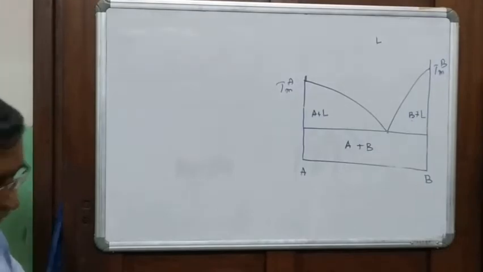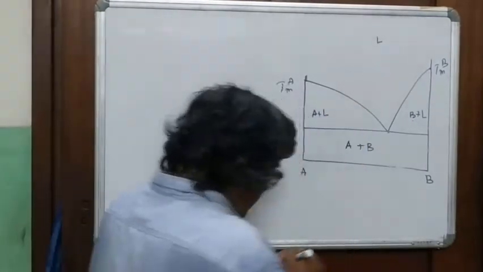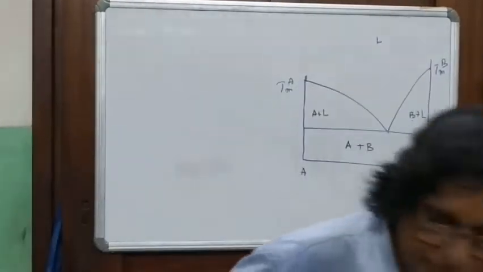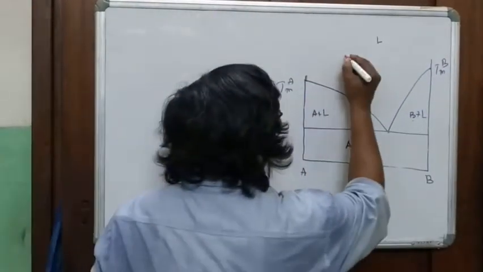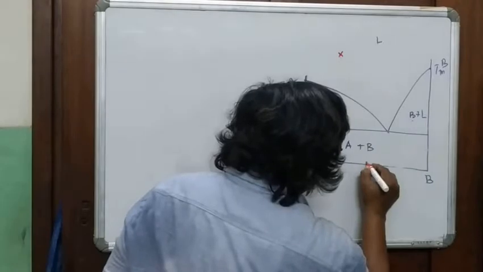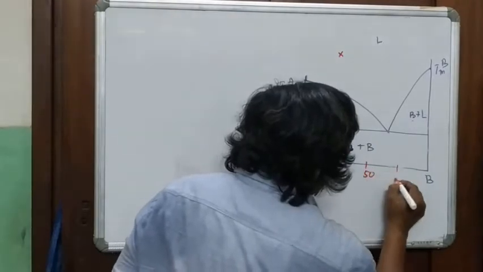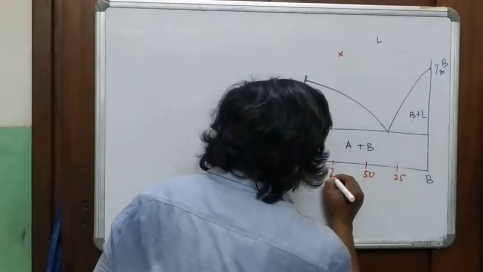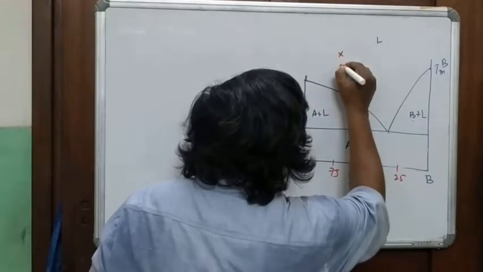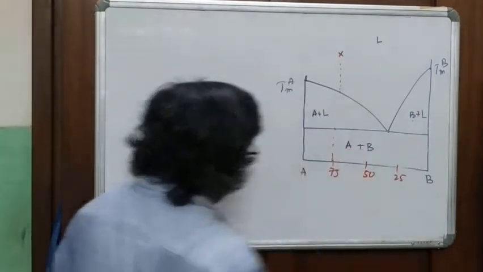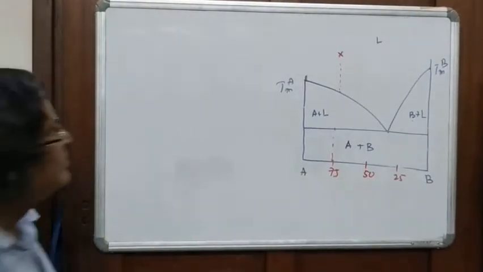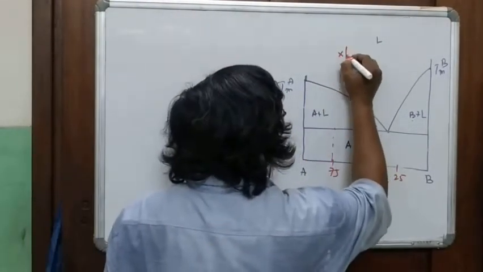Now, say for example, you start with a melt having this composition. Let's say this is again 25, 50, 75, and you start with the magma composition, which is L0.